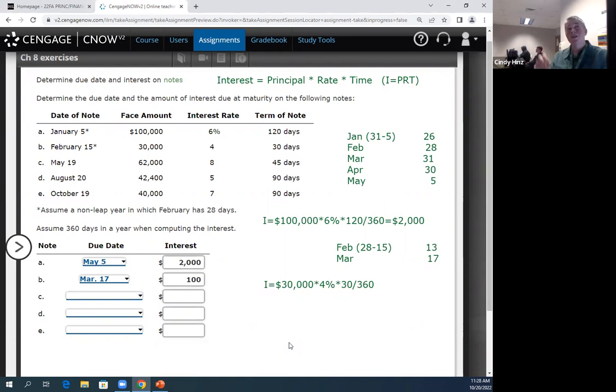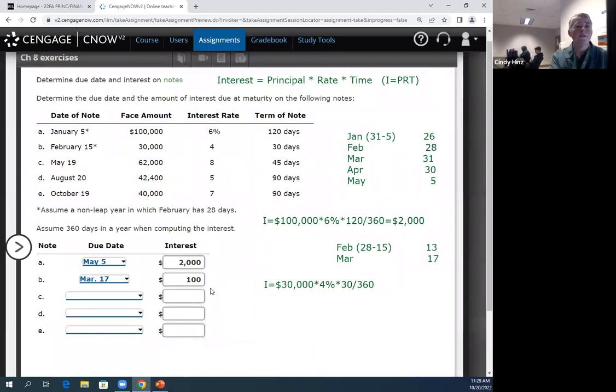If this was an interest included note, we would have only received $29,900 up front, and we'd have to pay back the face value or $30,000 on March 17th. Anybody with questions?